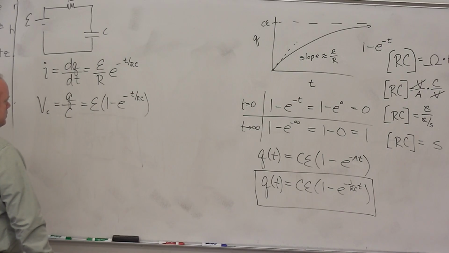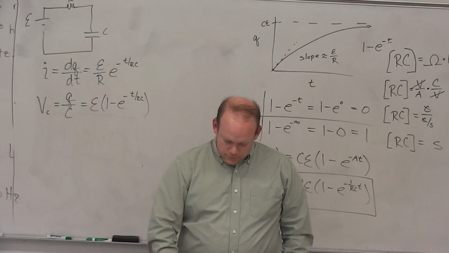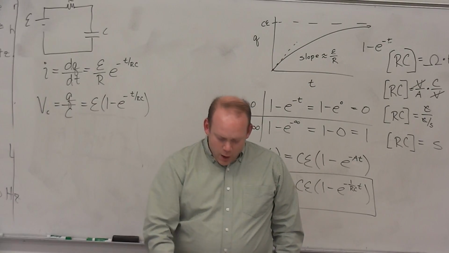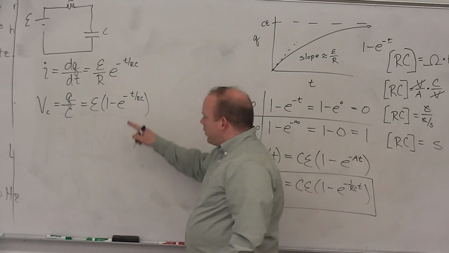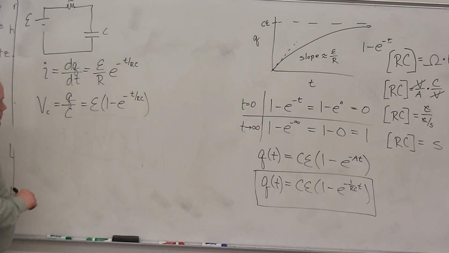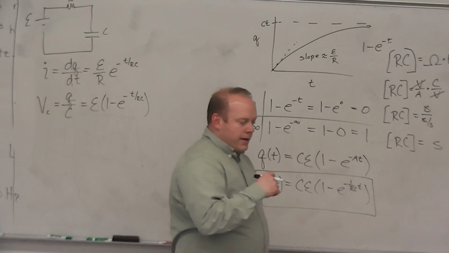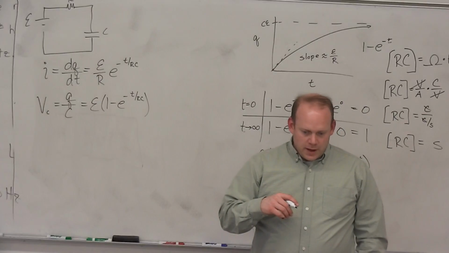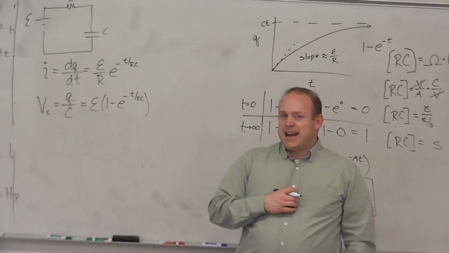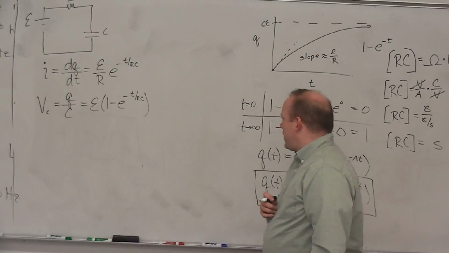Okay. Now, one final thing here, this RC, okay, this is called the time constant. The key with this is if you go through with the time constants, okay, you get about 63% of the way charged up.